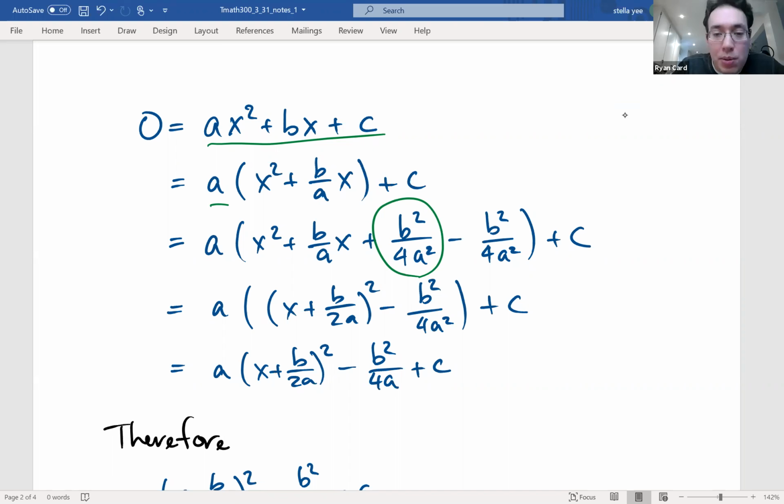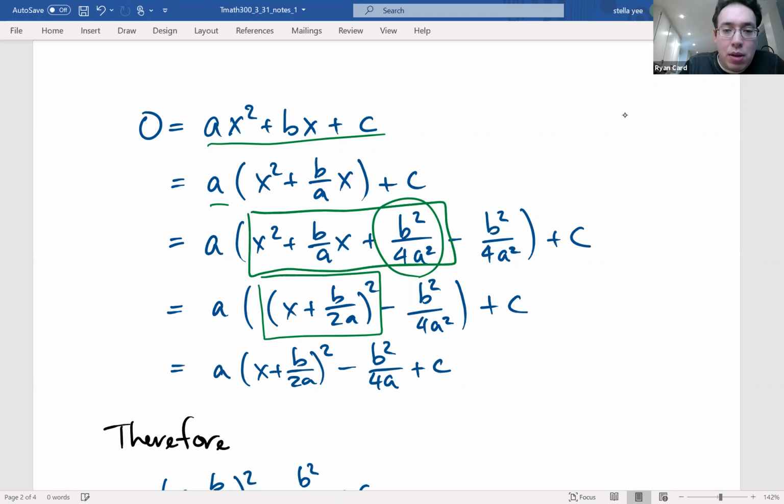This is chosen so that the first three terms turn into a perfect square. The perfect square is going to be x plus b over 2a. You just take this middle term and divide by 2, and that becomes the term you add inside of the square.